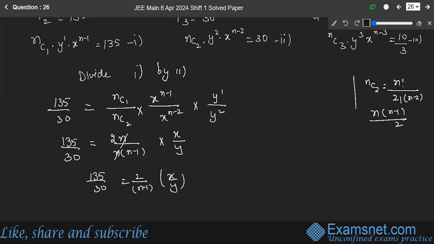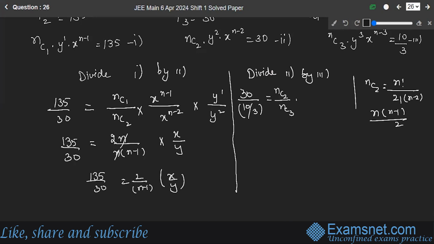Now let's divide 2 by 3. Divide equation 2 by equation 3. So you will have 30 divided by 10/3 is equal to nC2 upon nC3 into x^(n-2) upon x^(n-3) into y^2 upon y^3.